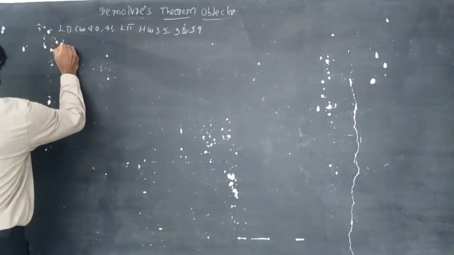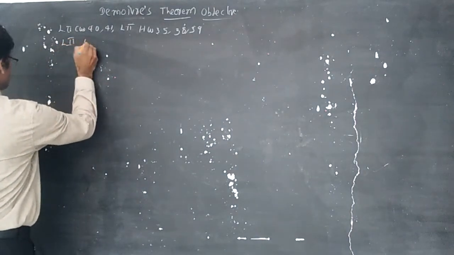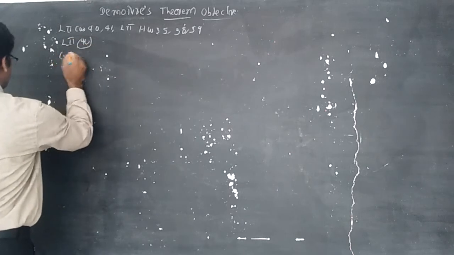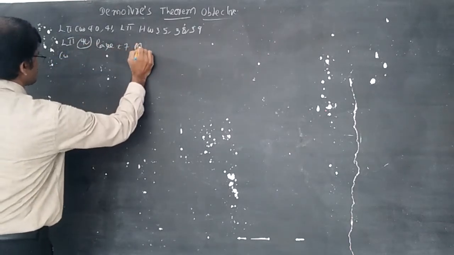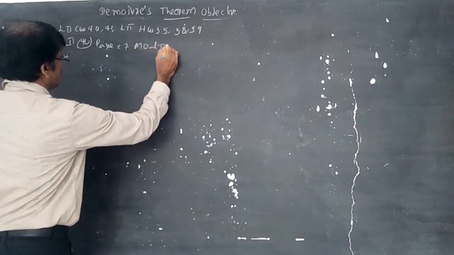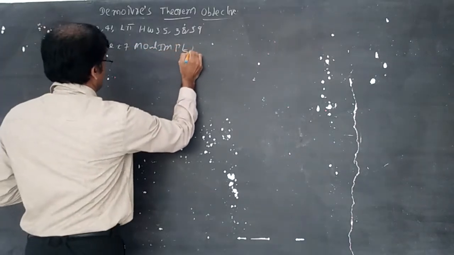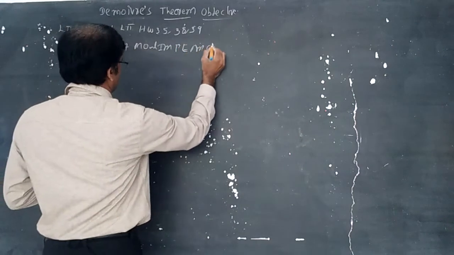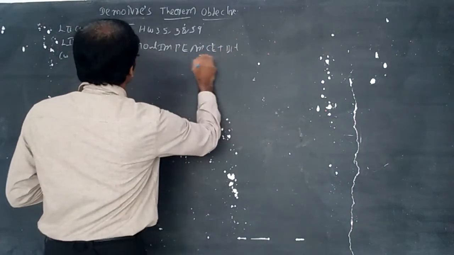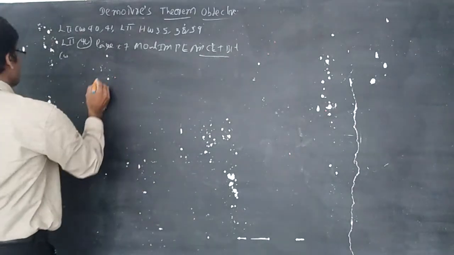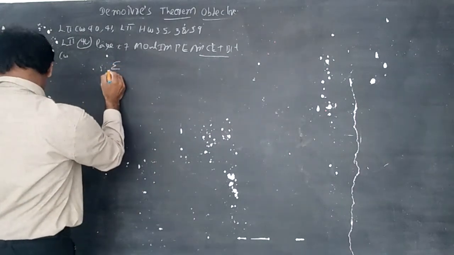Level 2 class of 40, page number 27. This is the most important MCQ. Of course for mains also, but for MCQ this is most important.